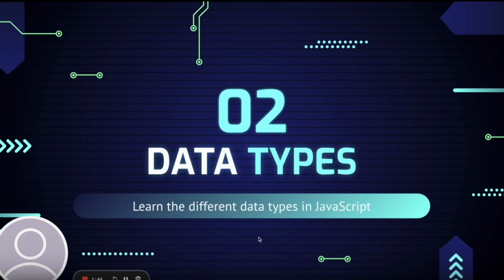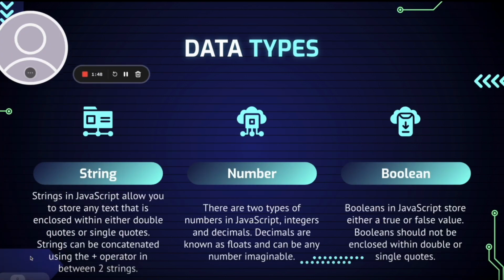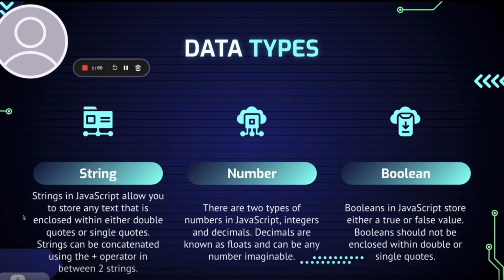So now let's learn the different data types in JavaScript. First, we have strings, which is basically just any text that's enclosed within double or single quotes. And just like in other programming languages, strings can be concatenated using the plus operator. Then we have numbers, and there's two types of numbers, integers and decimals.